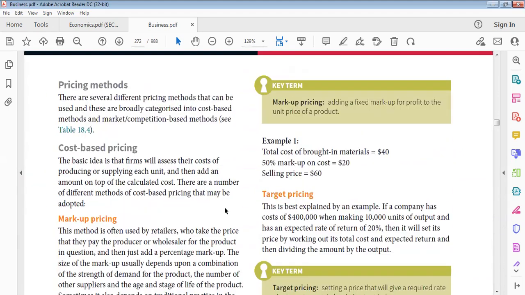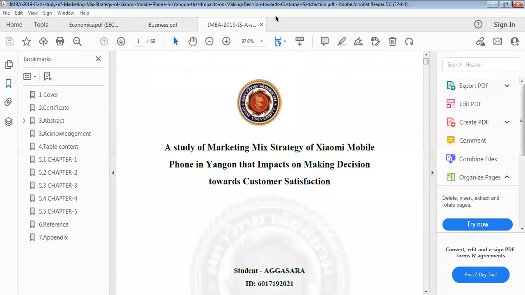By the way, before I start discussing pricing, I want to show you something. Just a second. Oh yeah, I know about this. You have learned about this?